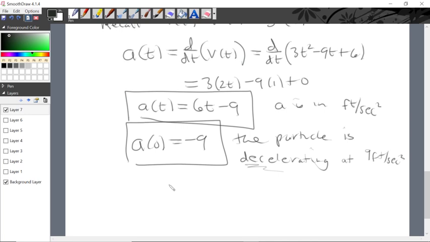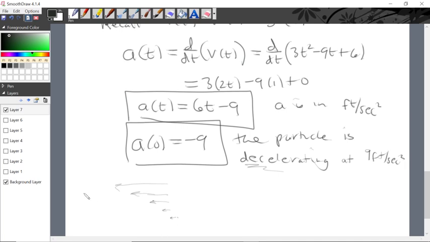Consider if the object was moving to the left, let's say 60 miles per hour, but moving to the left, its velocity would be negative 60 miles per hour, for example. What would deceleration look like if it were moving to the left? Well, it would look like the velocity is getting less and less. In other words, if the velocity is getting smaller and smaller in magnitude, that indicates deceleration.